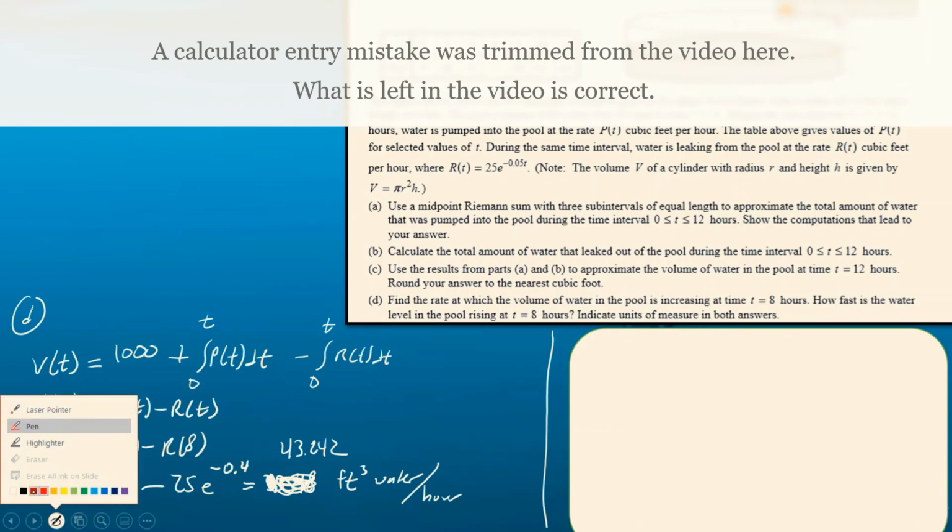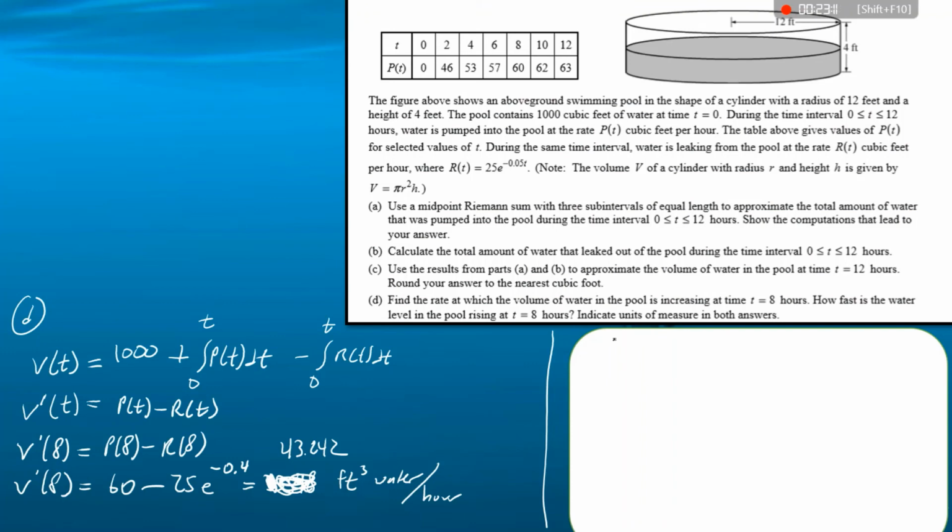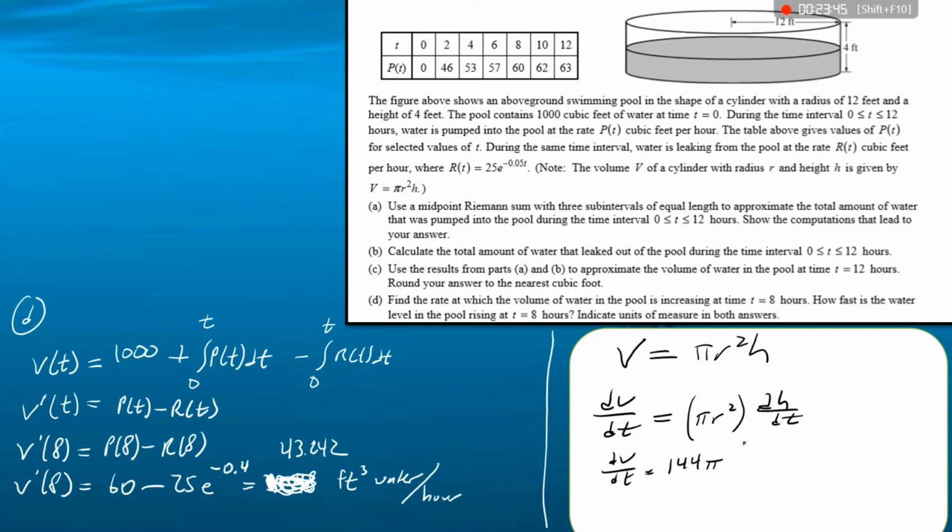So dV over dt is equal to pi r squared dh over dt. Okay, and then dV over dt was 43.242.